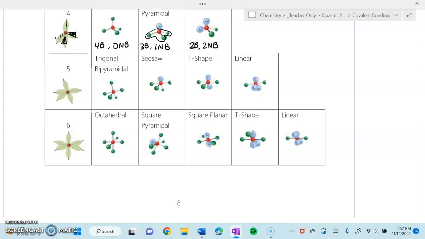So if you think about a ballerina, think of this as the head and then the 2 arms and then their little feet sticking out, one in front and one behind, kind of like a star in 3 dimensions. This would be our trigonal bipyramidal when we have 5 bonding regions and 0 non-bonding regions.